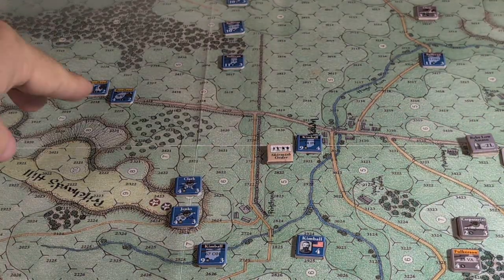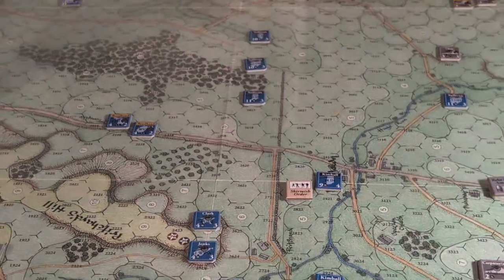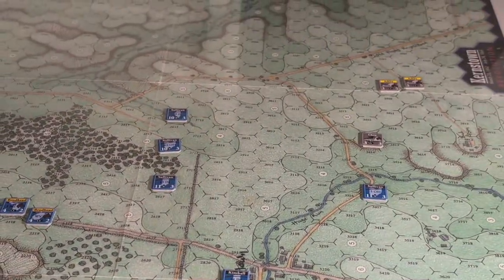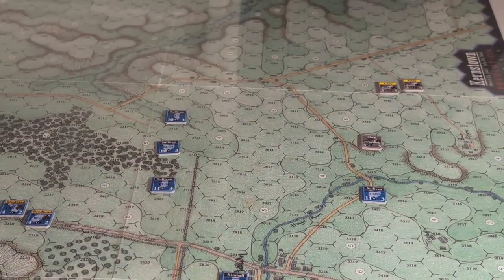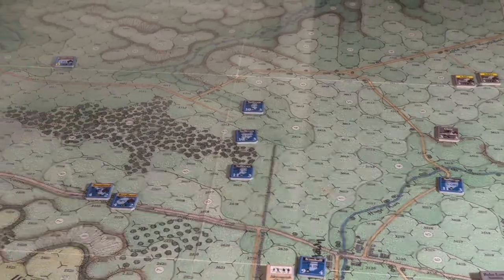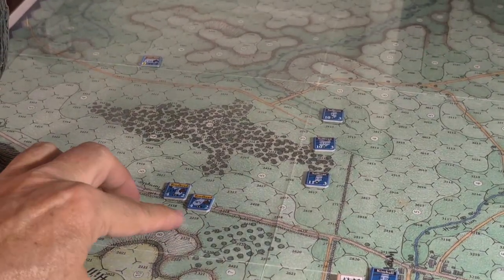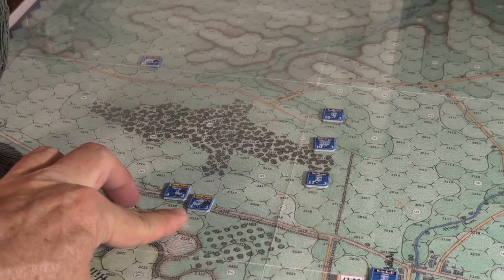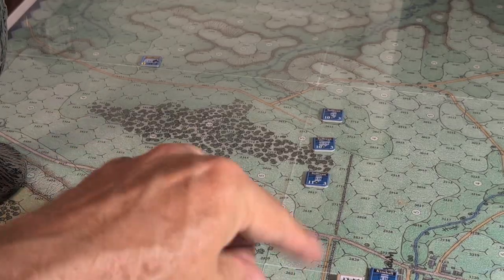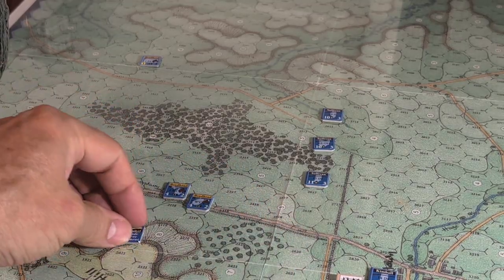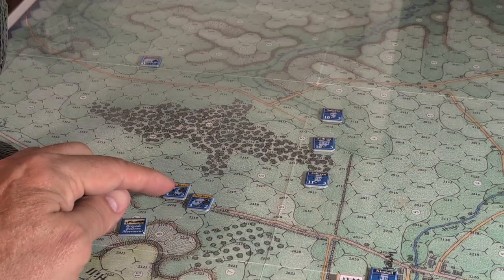I could use it on these two here. So yeah, I think I'm going to use them. It's going to be these two here. So that's where I'm going to use it. Broadhead's 2 units here.